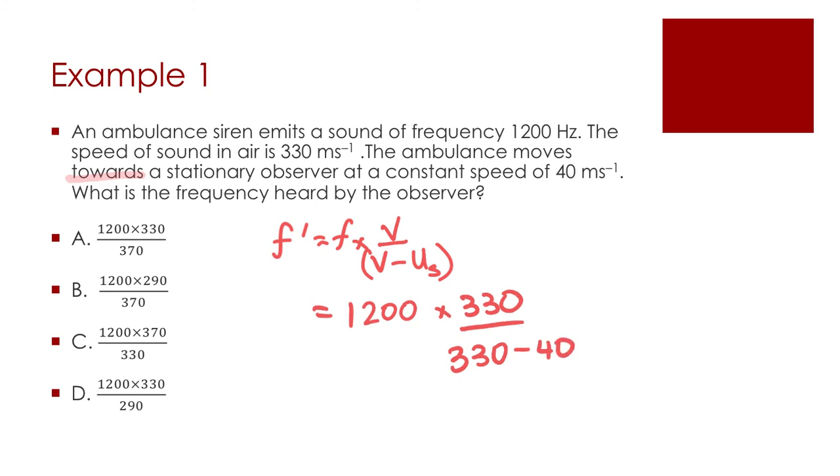So if I do this and I calculate it in here, I'm only going to get one possible answer. Notice if you had chosen the wrong denominator, that answer is here too. If you had chosen the moving observer rather than the stationary observer, the other equation, that's there too. So they're looking for you choosing the right equation and putting in the correct data.